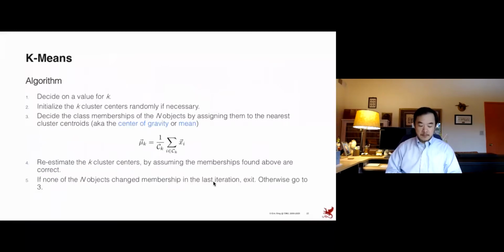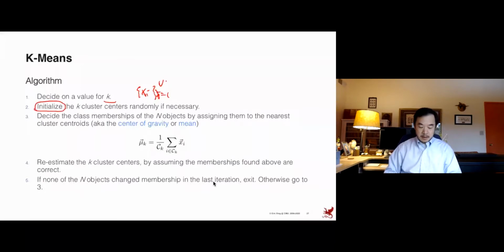As input you have only the data points xi, with i equals 1 to n. And you are also given a value k, which is the total number of clusters. Then you run a key initialization step.